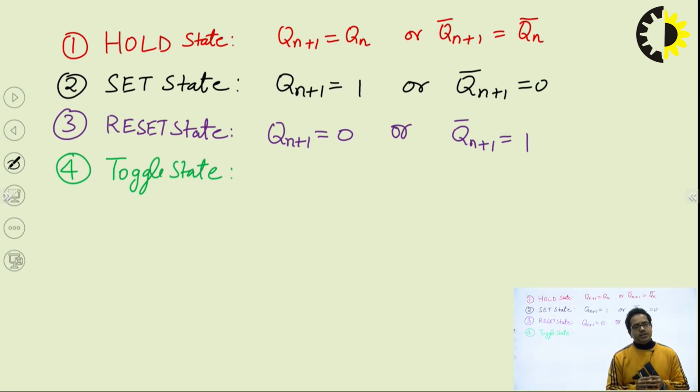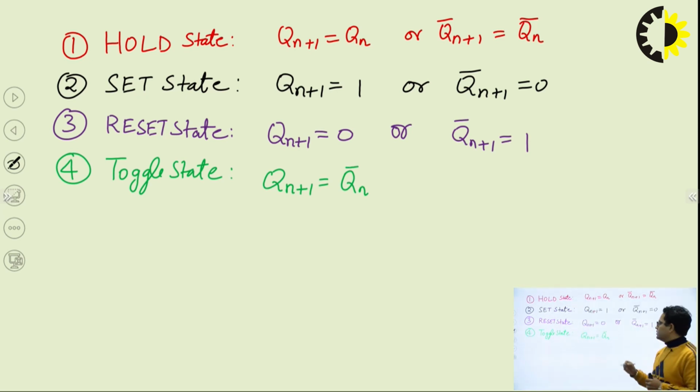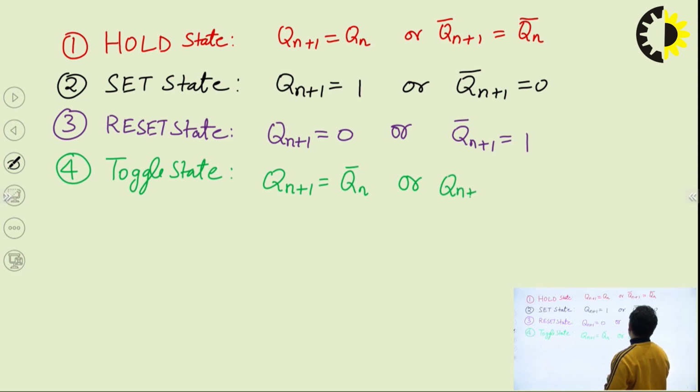So toggle is just the reverse of the hold state, which means that Qn plus 1 equals Qn complement, or Qn plus 1 complement equals Qn. That is the condition for the toggle state.